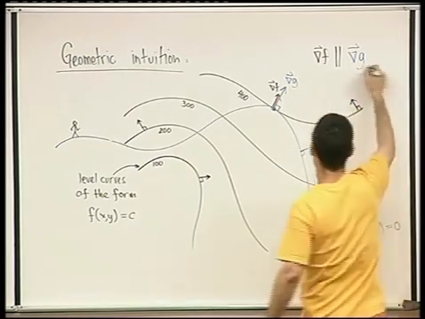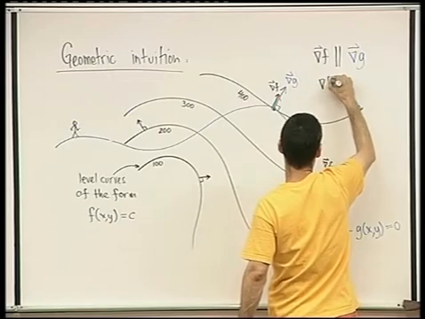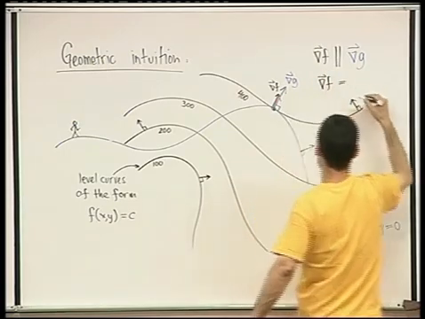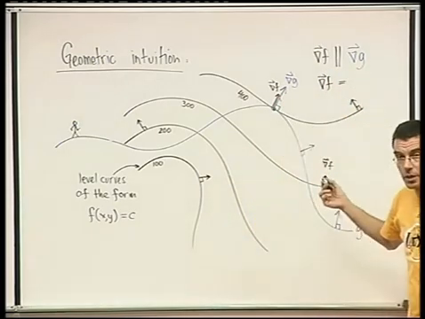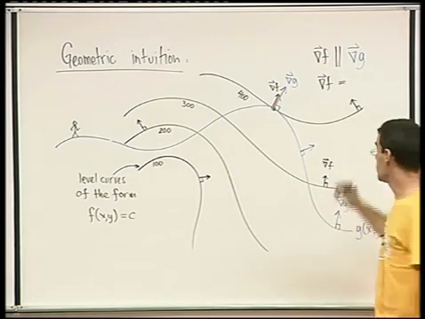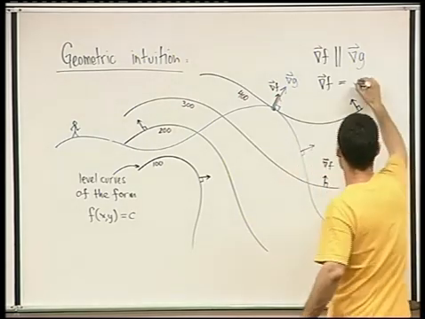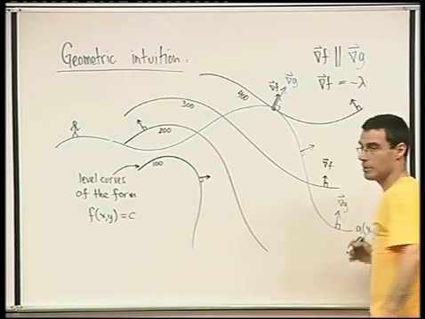So these two are collinear, implies that the gradient of f equals some scalar. Suggest a name for that scalar. Lambda is a good choice, but I think the way we wrote it, it's going to be minus lambda. Yeah. Let's call that scalar minus lambda. Do you mind?